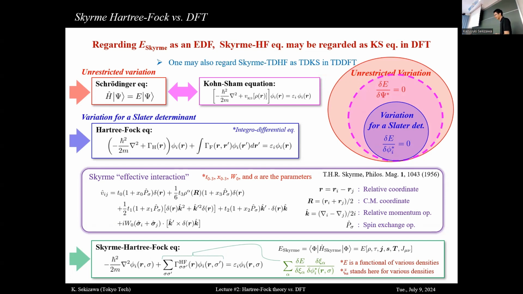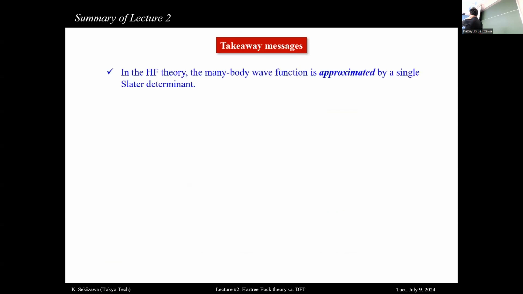We still have some more minutes, but I came up with a summary here. So let me summarize this lecture number 2. The takeaway messages are the following. In Hartree-Fock theory, what we do is to approximate the many-body wave function by a single Slater determinant.